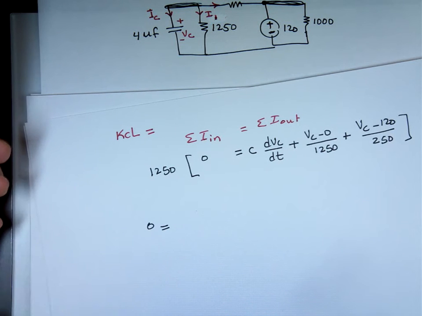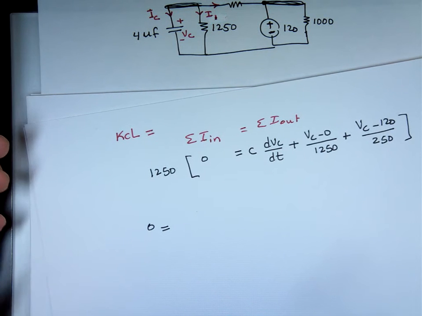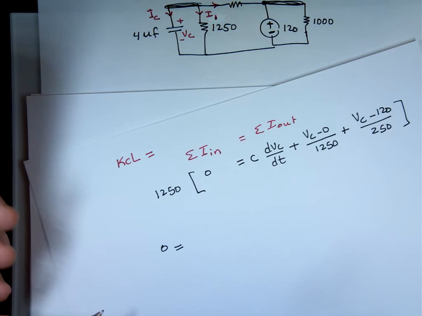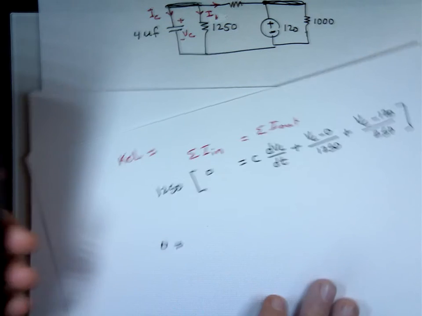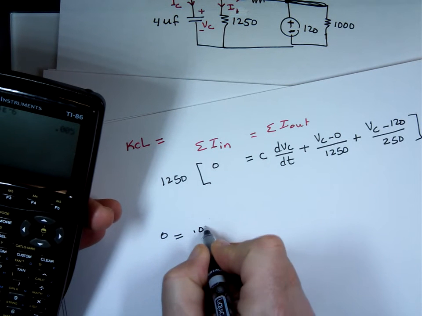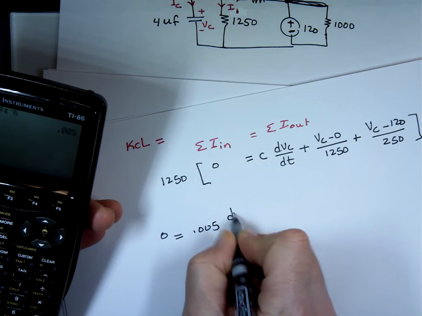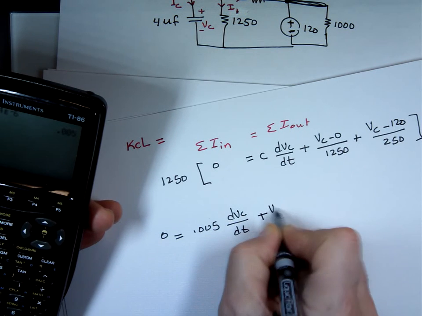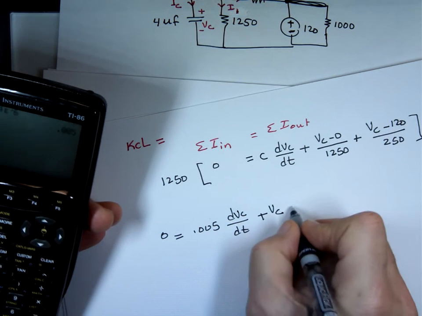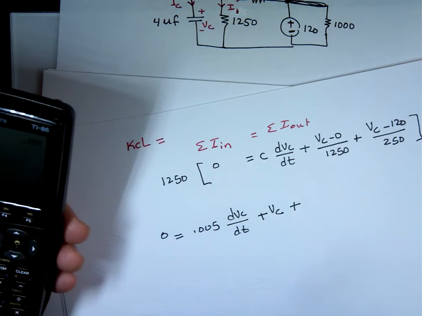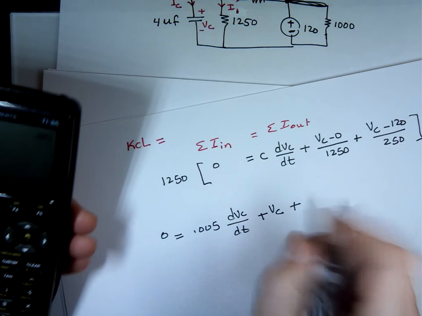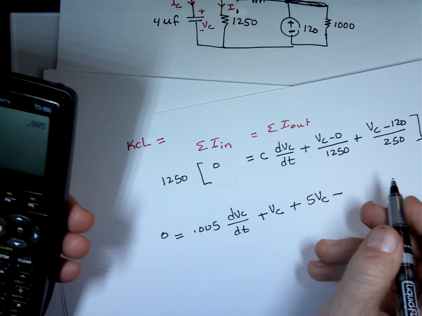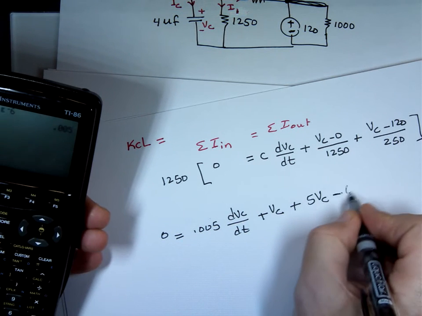Let's see. 1250 times 4 micro. 0.005. Plus VC plus, is that a 5? 5 VC minus, what's 5 times 120? 600.